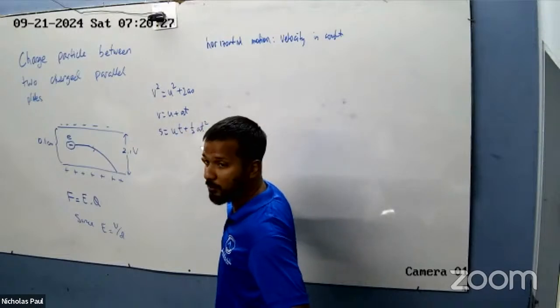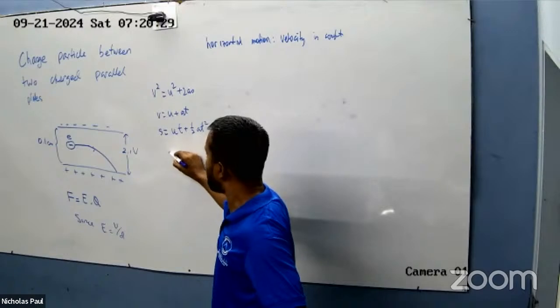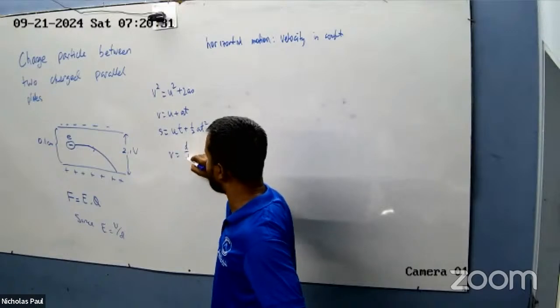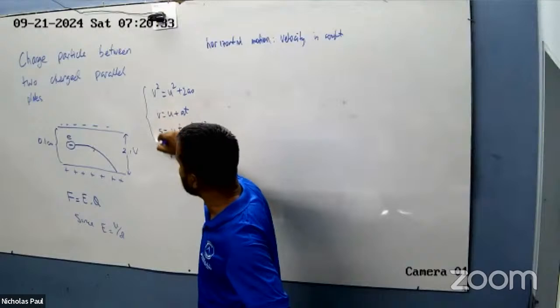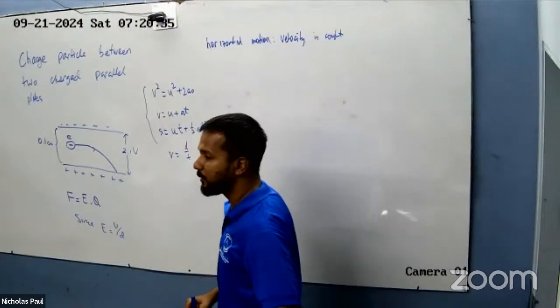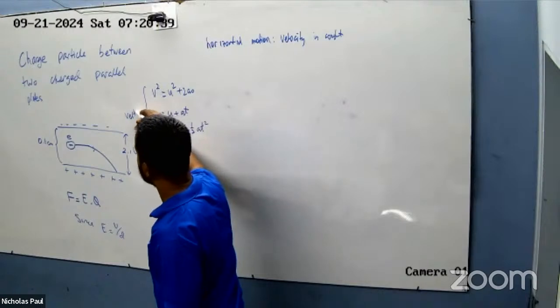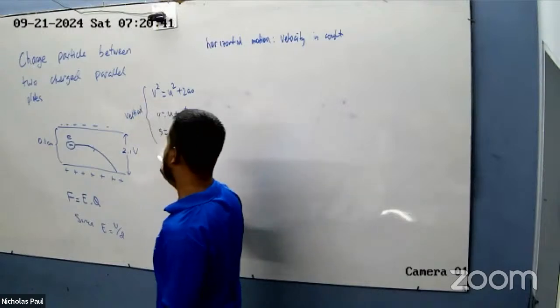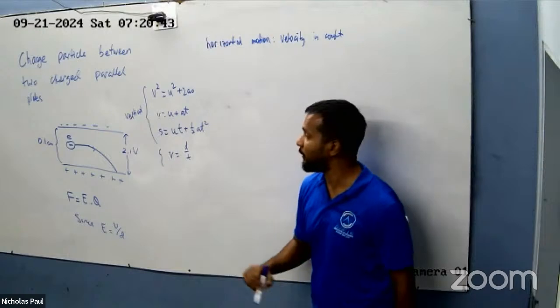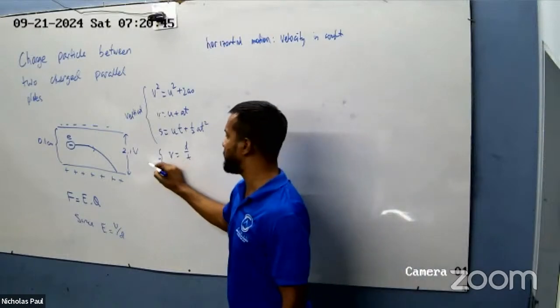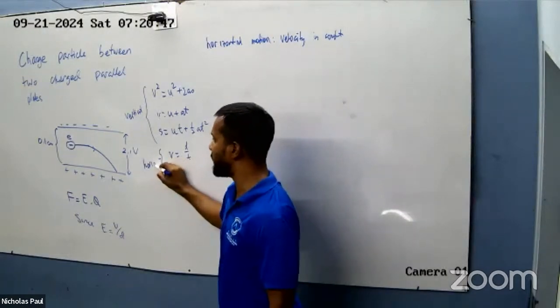Speed is equal to distance over time. And we use all these for vertical motion, and we use this one alone for horizontal.